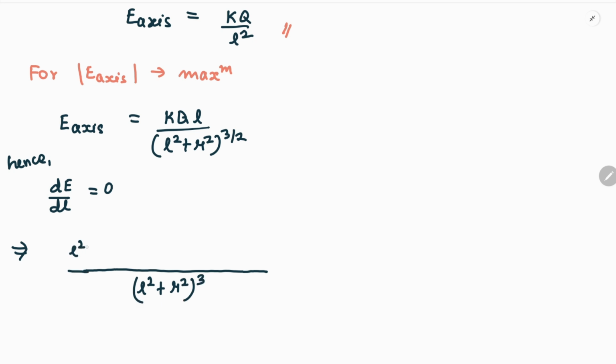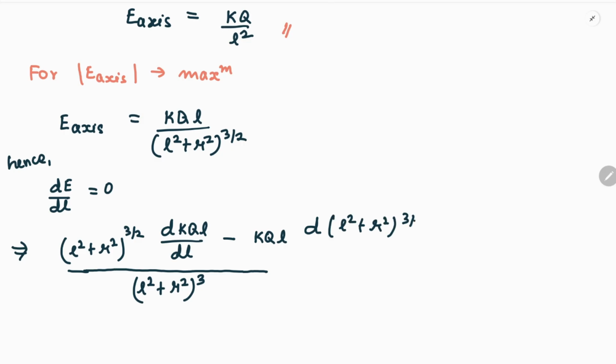Now keeping denominator constant, we are differentiating the numerator, and then subtracted by keeping numerator constant, we are differentiating the denominator, and then we will equate this value to 0.